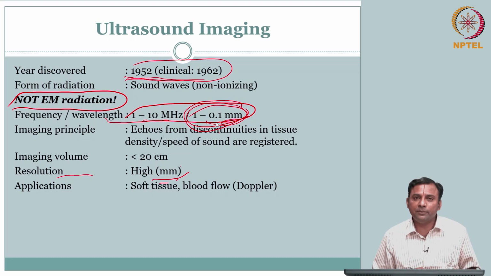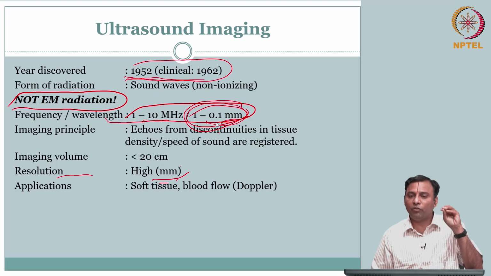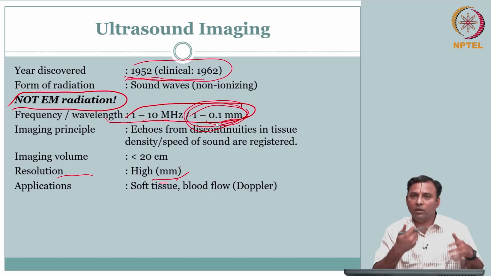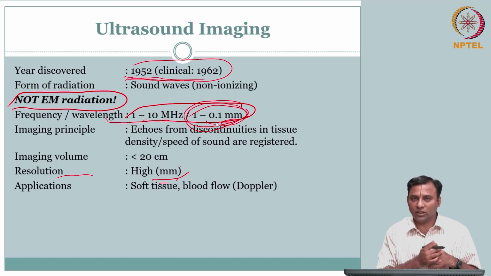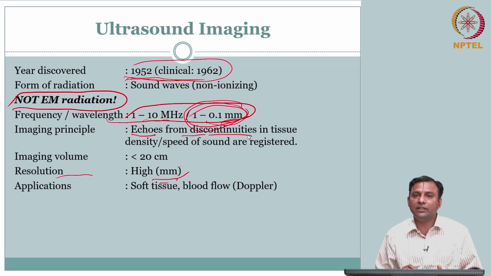What is the imaging principle? I touched upon it with the mountain example for echo, but most commonly used ultrasound scanners use what is called pulse echo. That means you send a pulse of sound wave and the echoes start to come back as soon as it encounters obstacles, right. Echoes from discontinuities in tissue.